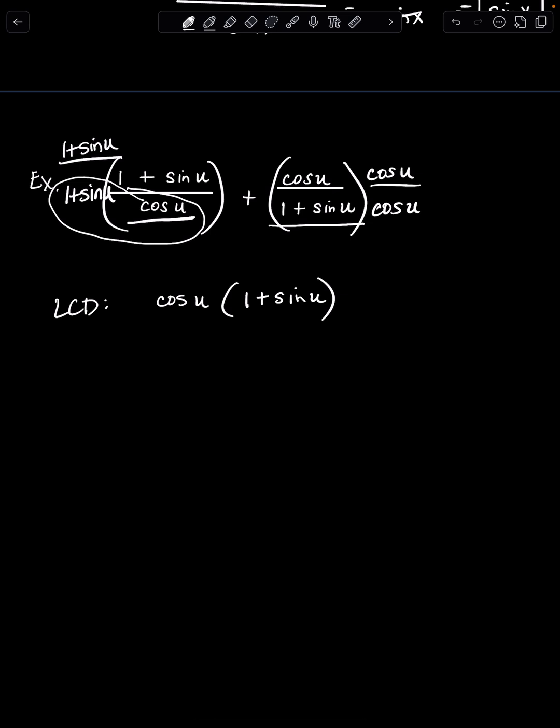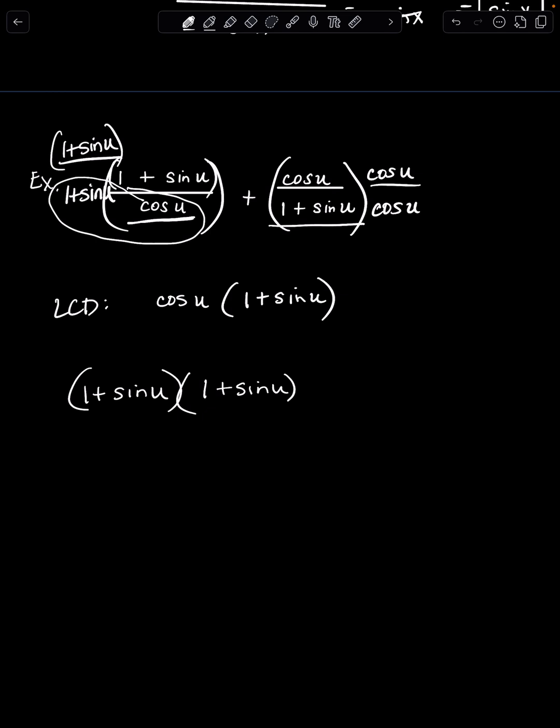All right. So in this first fraction, let's multiply it out. We've got 1 plus the sine of u times 1 plus the sine of u, because I had to multiply that times the numerator.